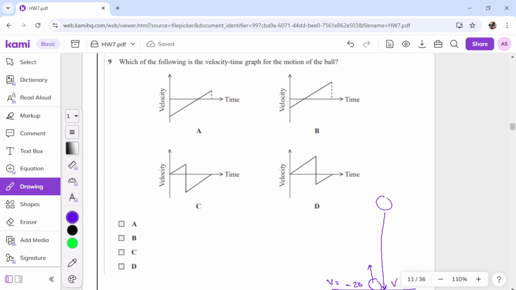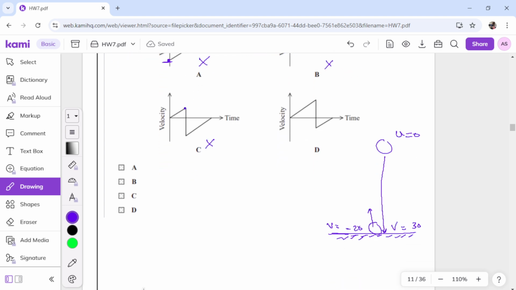So of course you can't choose A or B, because in A or B he starts from what? From a specific value for velocity, but in fact we start with 0, so we have to draw from 0. Also we can't choose C, because from the drawing the final velocity in the first part here is lower than the initial velocity here, so this is incorrect. The opposite is correct.